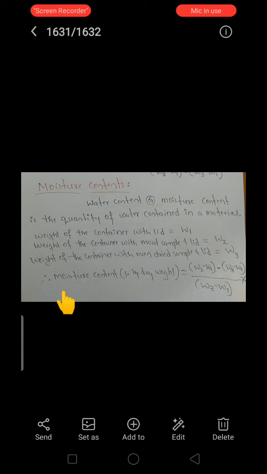Therefore the moisture content by dry weight can be determined using this formula: (W2 minus W1) minus (W3 minus W1), divided by (W3 minus W1). In terms of percentage we represent it, so multiplied by 100. Okay, this is the moisture content.